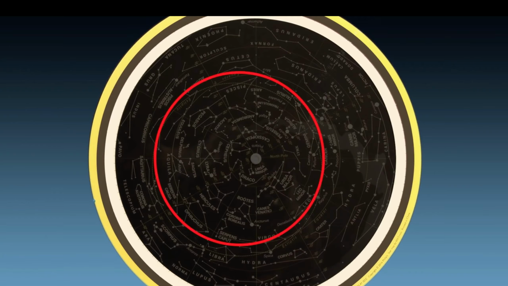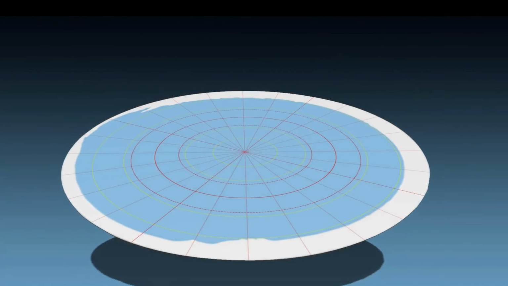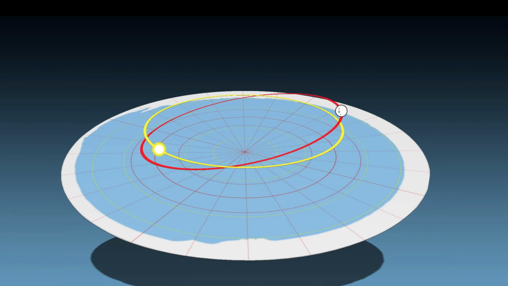If I trace the moon's path, you can compare it to the sun's ecliptic path, shown here in yellow. You'll notice that they are slightly different from each other. The Sun's ecliptic path above the surface of the Earth seems to be parallel with the surface below. The ecliptic path of the Moon is not parallel to the surface of the Earth.